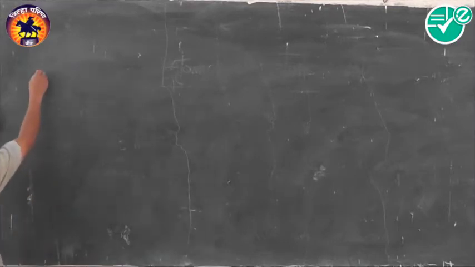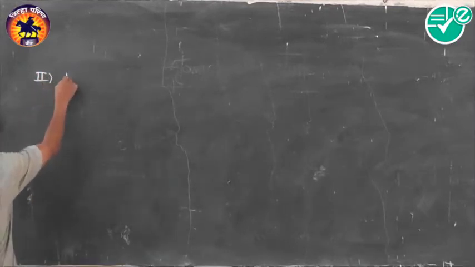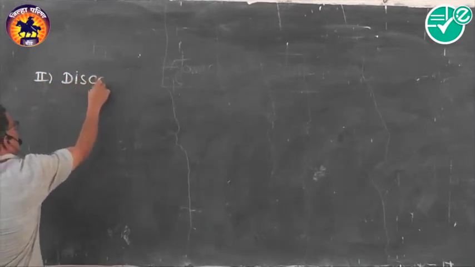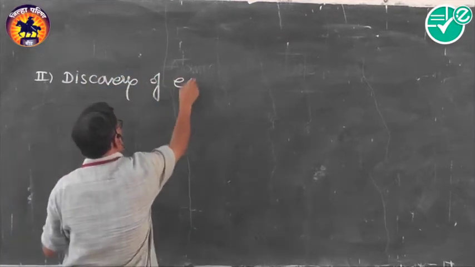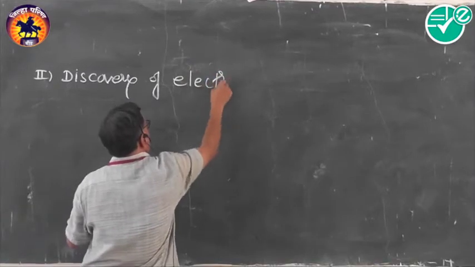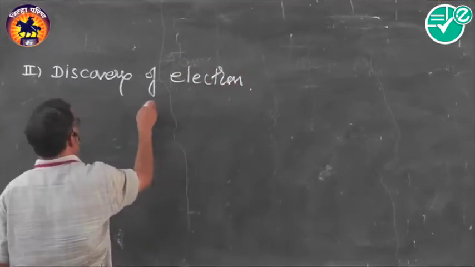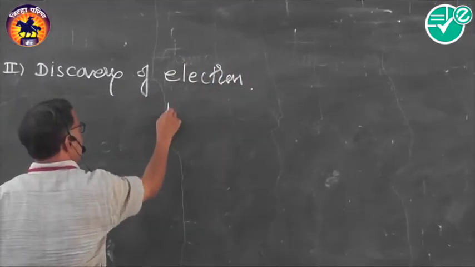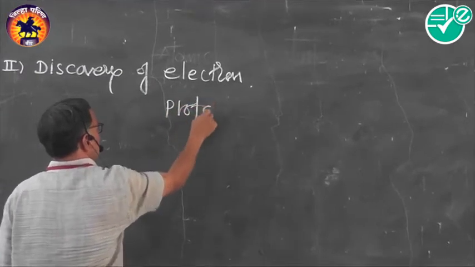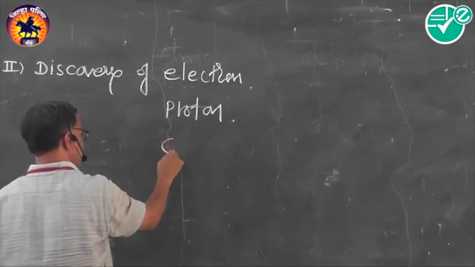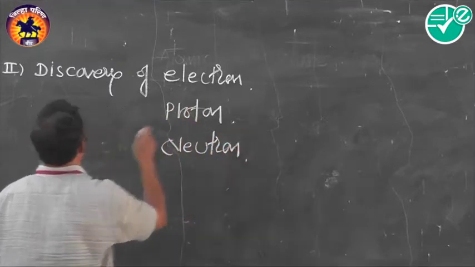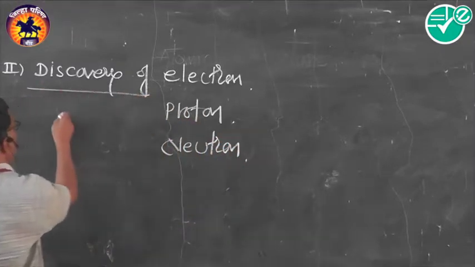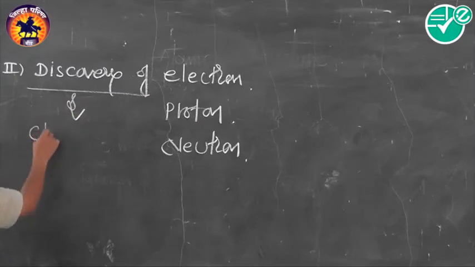Initially, the discovery of the electron, second, the discovery of the proton, and third, the discovery of the neutron. Discovery and characteristics.